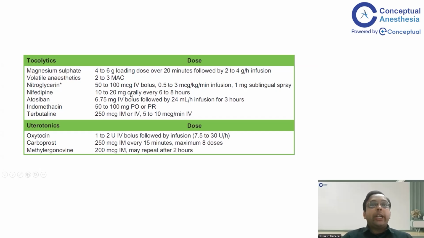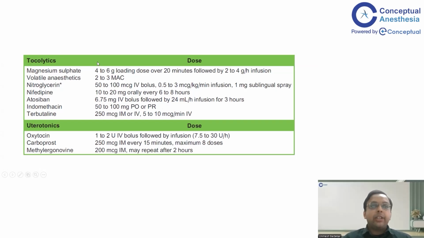Nifedipine 10 to 20 mg orally can be given every 6 to 8 hours. Atosiban 6.75 mg IV bolus followed by infusion for 3 hours can be given. Then indomethacin 50 to 100 mg per oral or per rectal can be given, and terbutaline 250 mcg IM or 5 to 10 mcg per minute IV can be given.